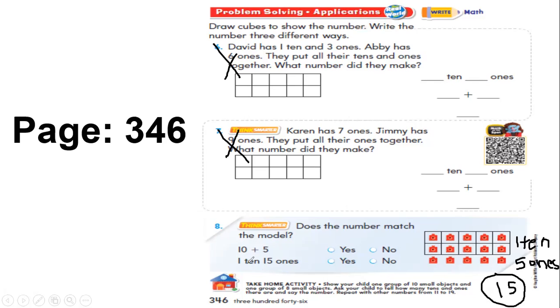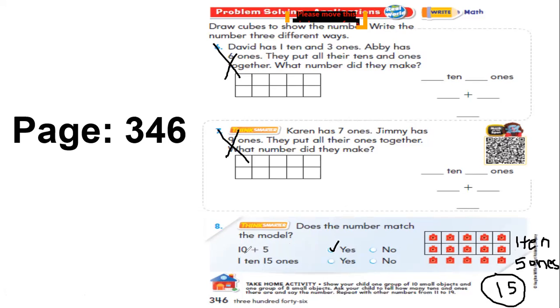10 plus 5 or 1 ten and 5 ones, 15. Which one is the correct one? You have to write yes or no. Look at the first one. 10 plus 5. Is it correct? 10 plus 5. Yes. So 10 inside the 10 frame and 5 outside. So 10 plus 5 equals 15. So yes, our answer is correct.